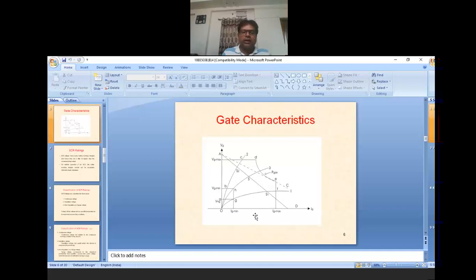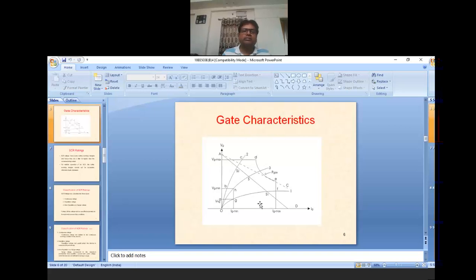As we apply voltage to the gate, it is the highly doped region. Because of this, even with slight increase in the voltage and current, there will be increase in temperature at the gate terminal connected to the P region, and there will be developed hot spots.